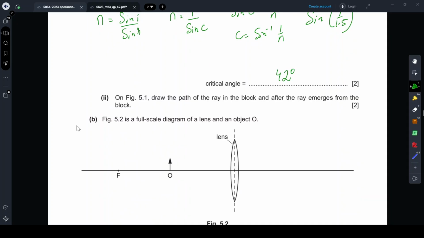Okay, next, draw the path of the ray in the block, and after the ray emerges from the block.